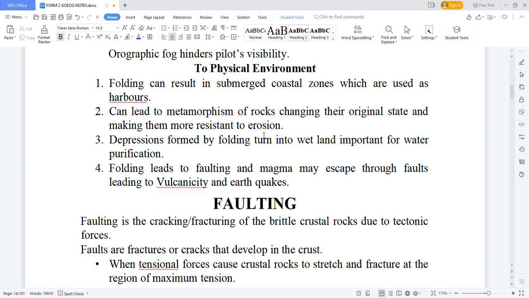Number three, depressions formed by folding turn into wetlands, important for water purification. Number four, folding leads to faulting and magma may escape through faults, leading to volcanicity and earthquakes.